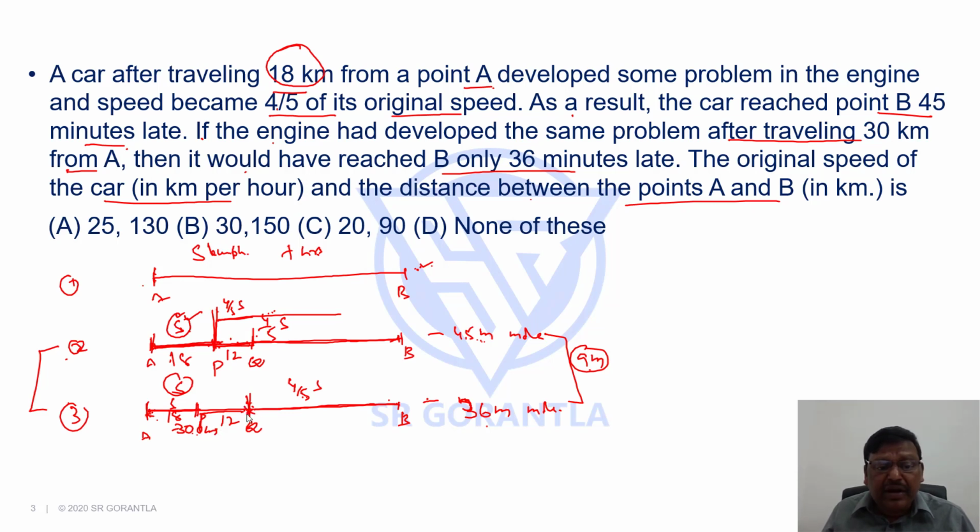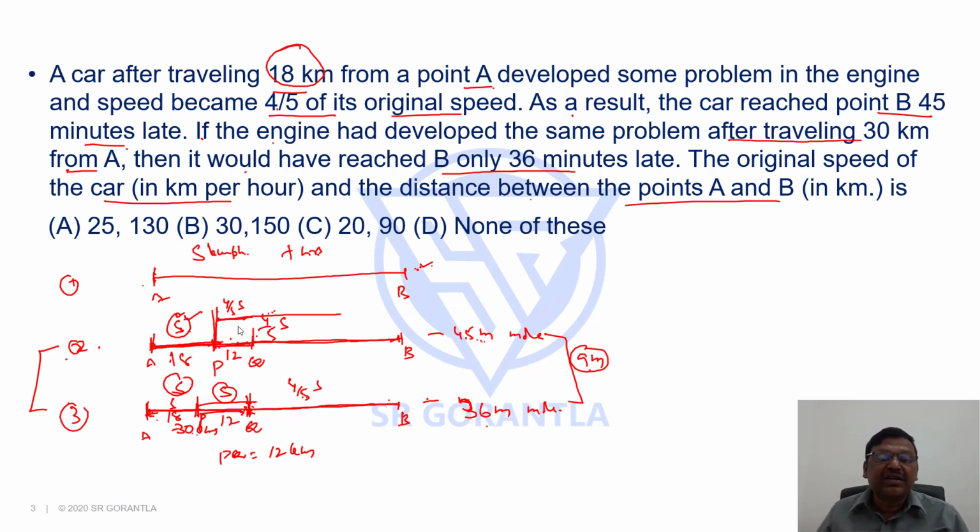Whereas if the problem occurs at Q, then A to Q it traveled at S speed, which means P to Q also at S speed. So the distance PQ, which is 12 kilometers, here it is traveled at 4/5 of the speed, and here at S speed. Now students, speed and time are in inverse relation.